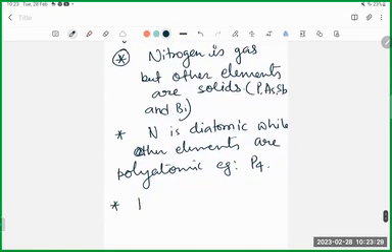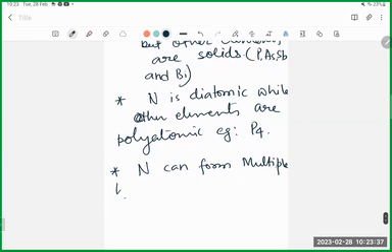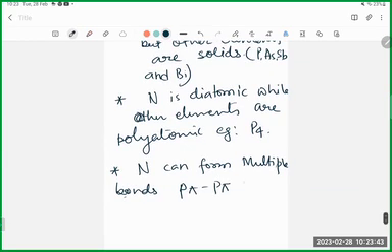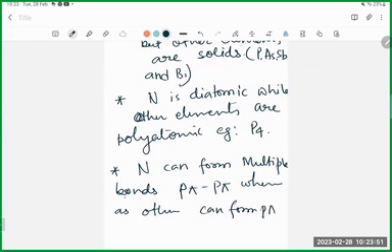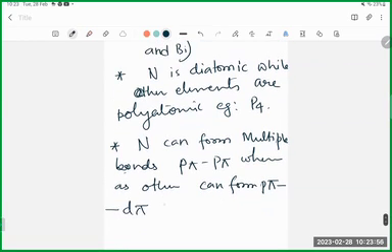Next, nitrogen can form multiple bonds like p pi p pi with itself, whereas the others can form p pi d pi. Nitrogen does not have d orbitals.